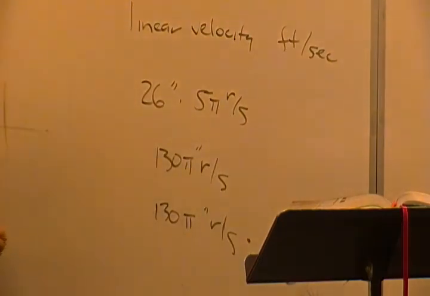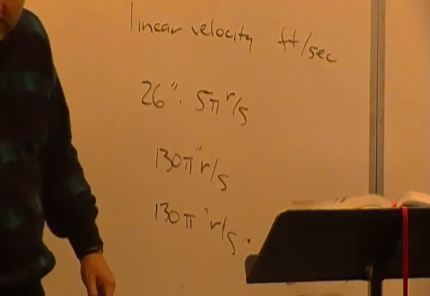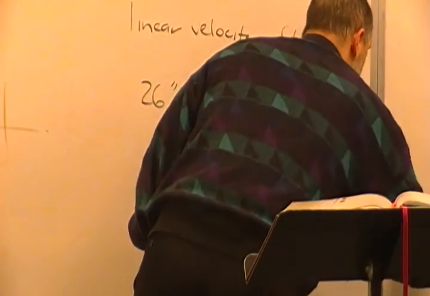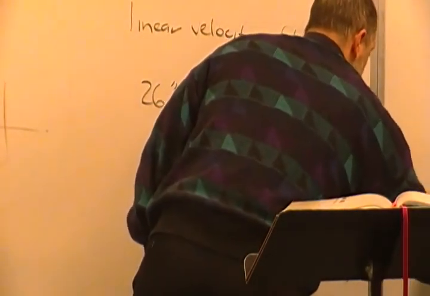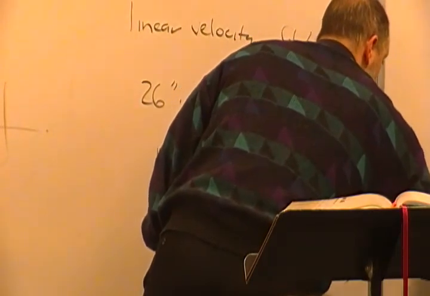So the inch units cancel and it converts everything to feet. And when you take 130 times 3.14 divided by 12, you get about 34.03, and that unit is going to be in feet per second.